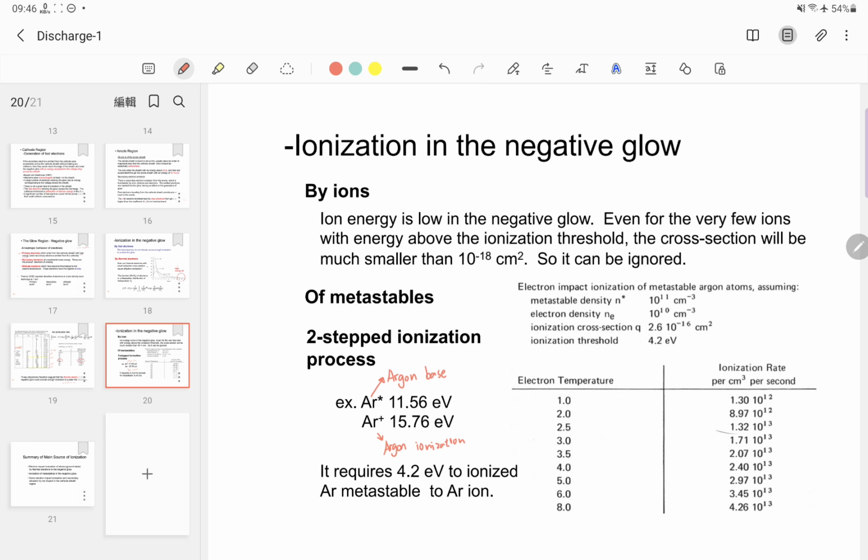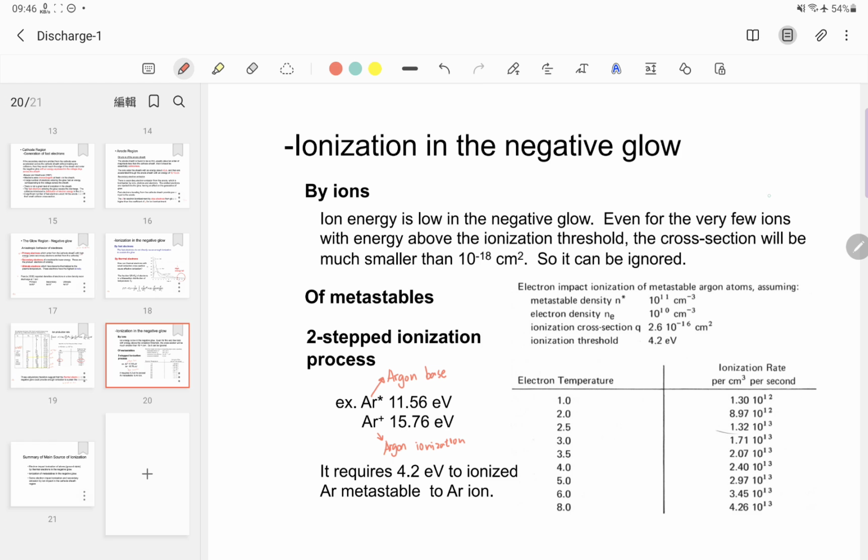So one can see if the average energy of the electrons is 4 eV, the ionization production rate for the two-step ionization process is about 2.4 times 10^13.